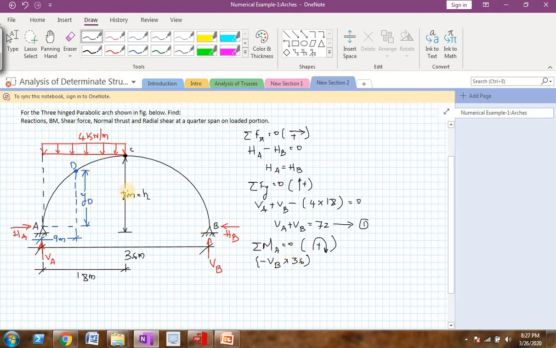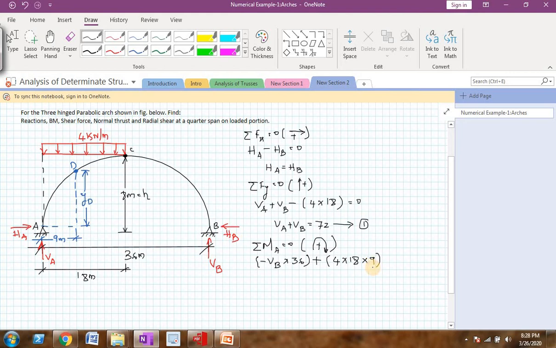So what other force is causing a moment? This uniformly distributed load is also there, and that uniformly distributed load at point A will cause a clockwise moment, so I should write it as plus 4 into the total distance, which is 18. Total distance is 18. So this is the total load, and the perpendicular distance is 9.